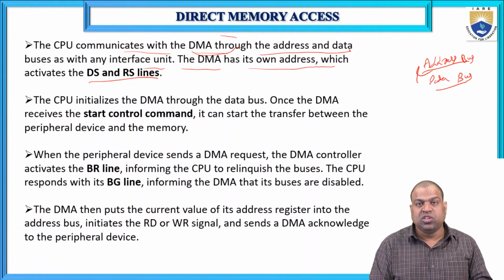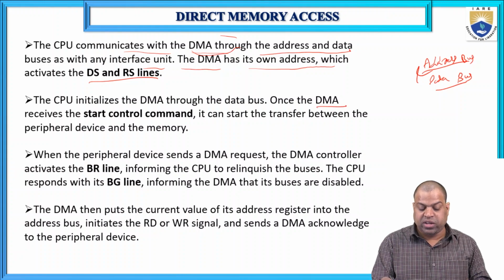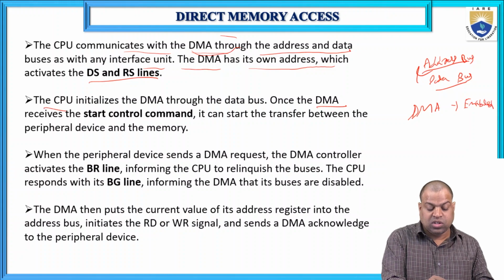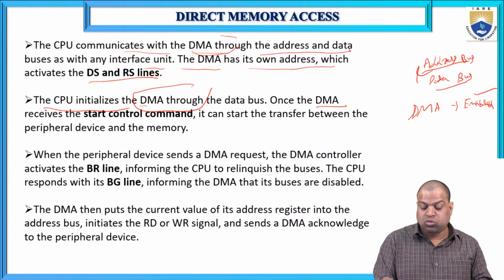The CPU initializes the DMA through the data bus. Once the DMA receives the start control command, it can start the transfer between the peripheral device and the memory. So the DMA is enabled and initialized by the CPU through the data bus.